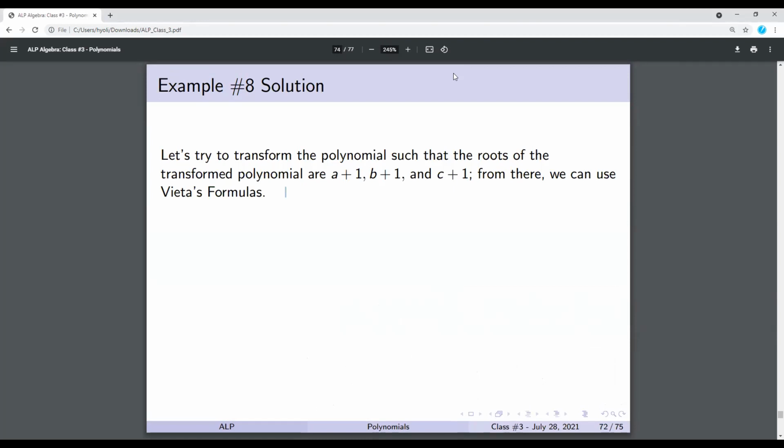We can transform the roots into a polynomial. So shifting the polynomial to the right by 1 unit increases our roots by exactly 1, which is exactly what we need.